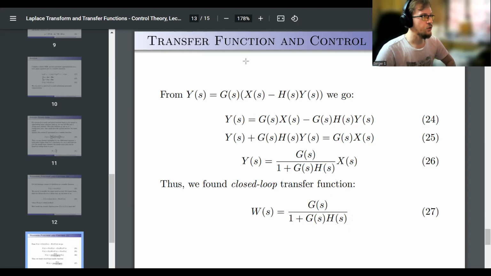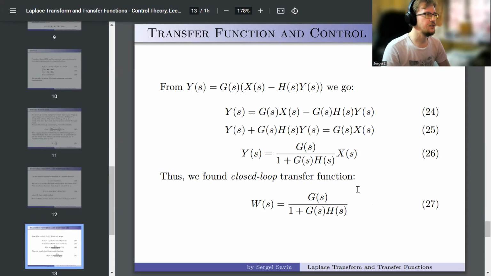Next time, what we are going to do is we will try to understand what kind of analysis we can do with transfer functions. They present one tool of analysis which is extremely important, that is Bode plots. And then we'll try to connect this type of control with the type of control that we did with state space.